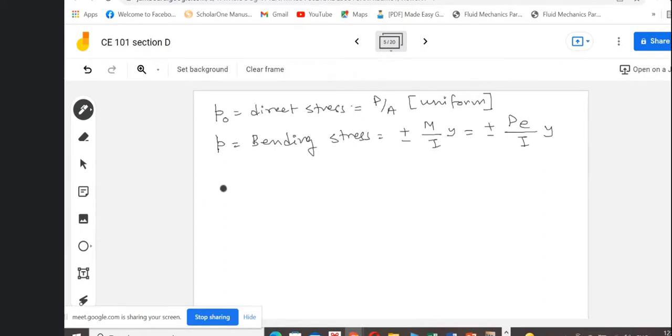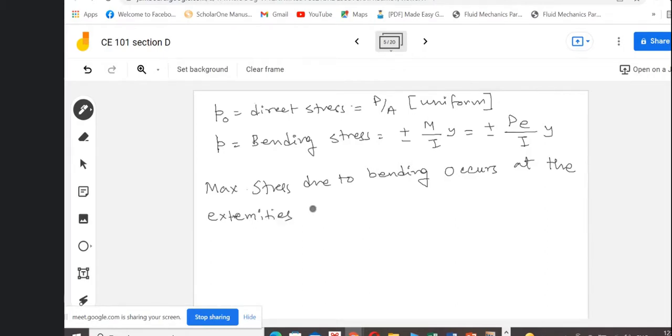So that means maximum stress due to bending occurs at the extremities of the section. Extremities means at the two outer layers.